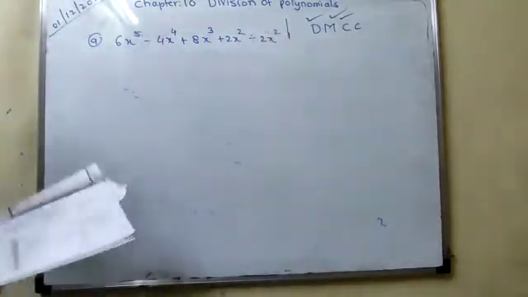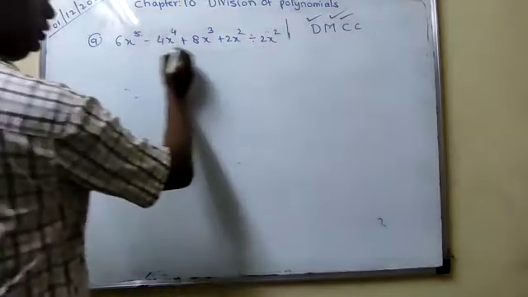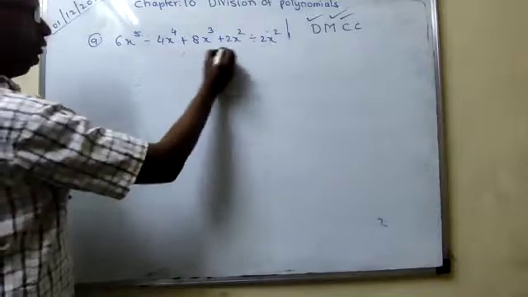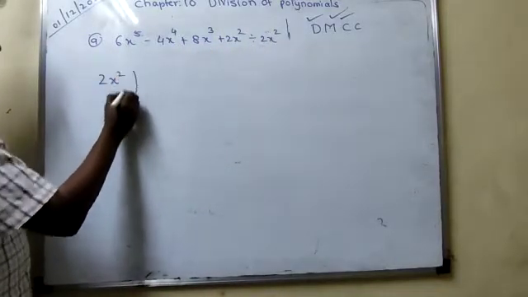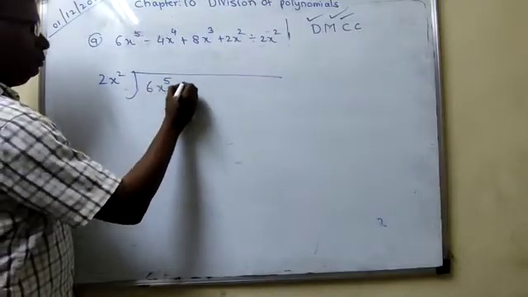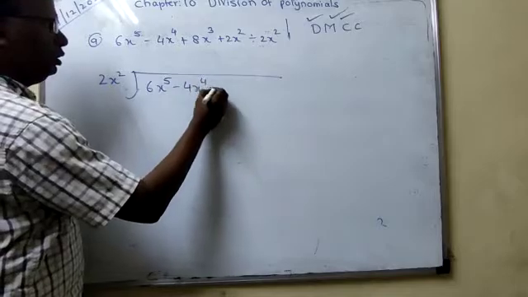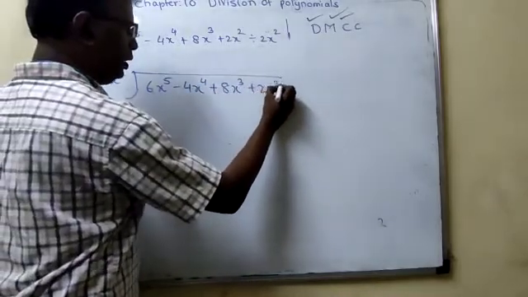I'll write the question once again. This is the question. Now this is a dividend. It's a lengthy one, isn't it? This is a dividend and this is a divisor. So 2x square divided by 6x raised to 5 minus 4x raised to 4 plus 8x cube plus 2x square.